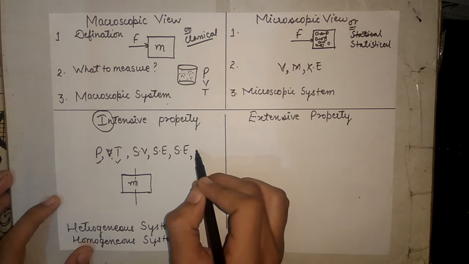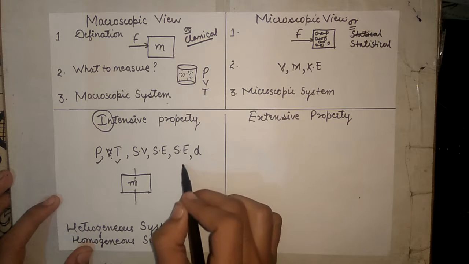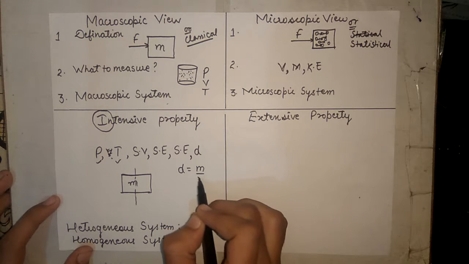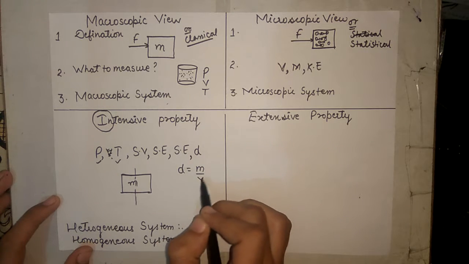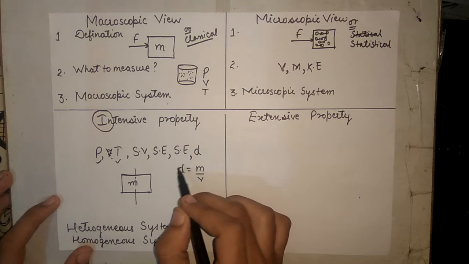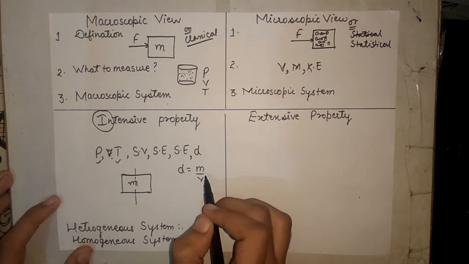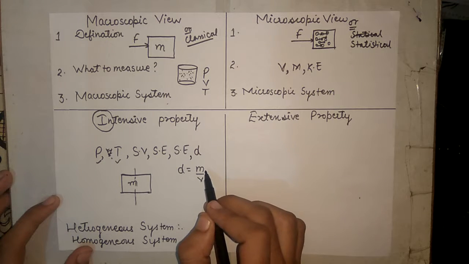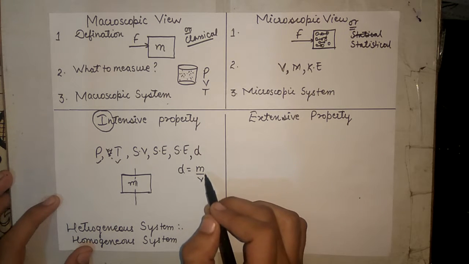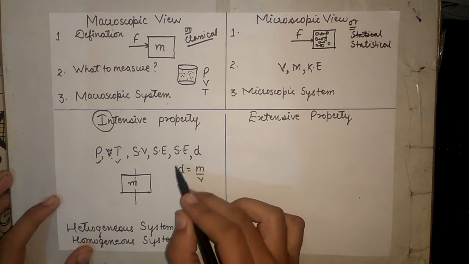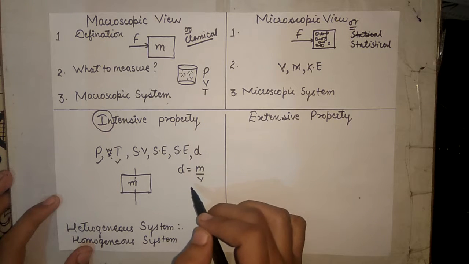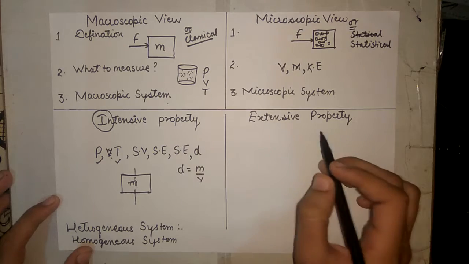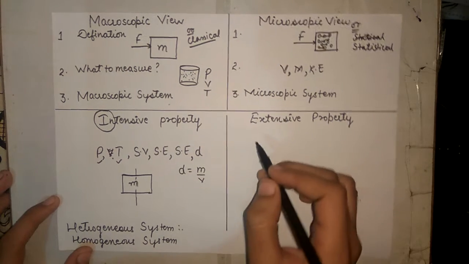One more example is density. We know that density is equal to mass upon volume. Here we see mass in its formula, but it is an intensive property, because when two extensive properties are divided, it always gives an intensive property. Okay, now extensive properties, which depend on mass.